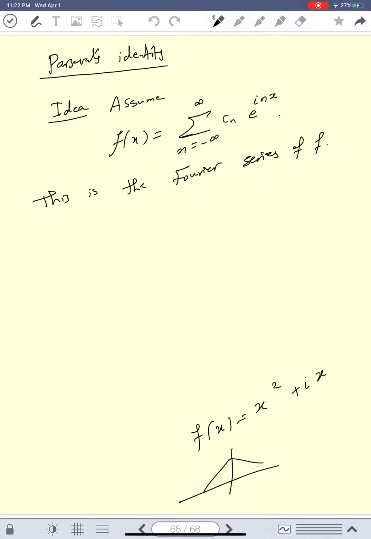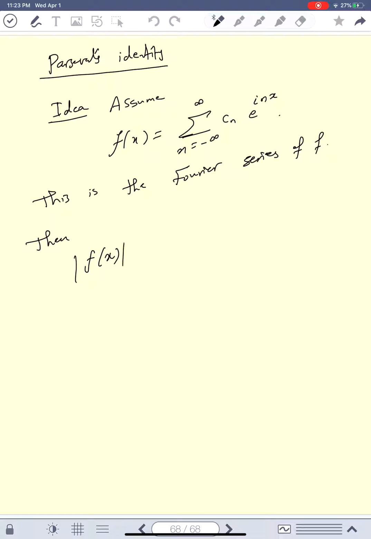So in general, because in the complex Fourier series we see this e to the i, we expect to have some complex values, right? Now I want to square the f, but my square is not the normal square, it is the modulus squared, okay? So this is why I introduced the modulus. If I take the absolute value of f squared, again, this does not mean the normal absolute value, because I'm dealing with complex values.